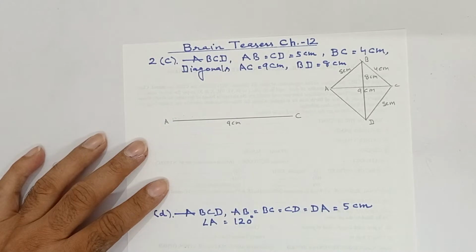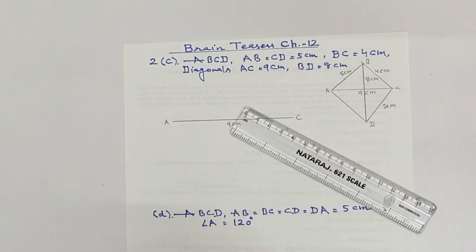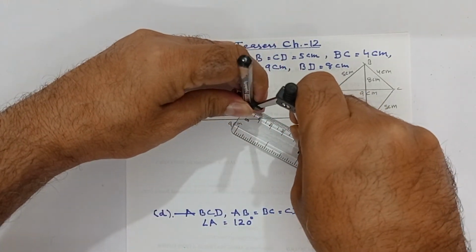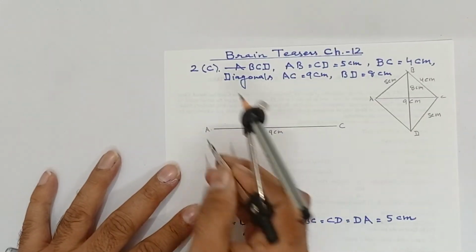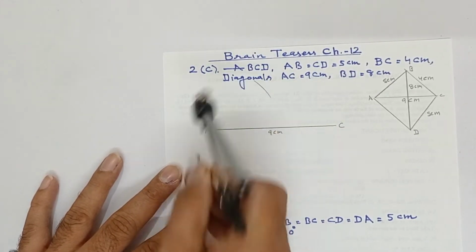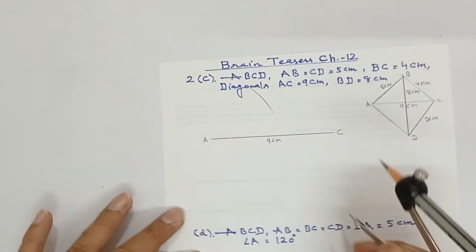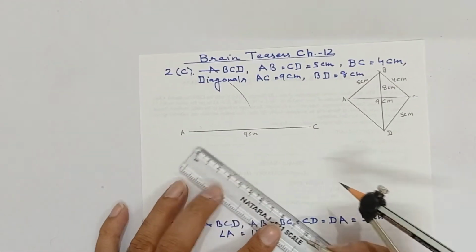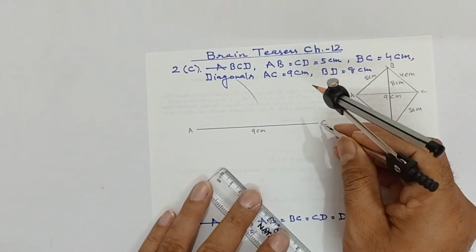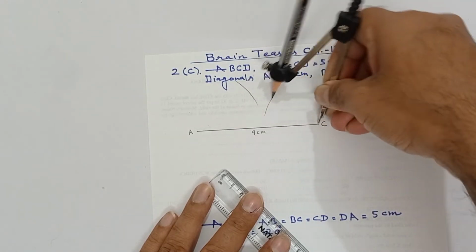How much is AB? 5 centimeter. So the compass will be opened to 5 centimeter. Compass tip on A, and draw an arc of 5 centimeter. Then keep the compass tip on C and open 4 centimeter, and draw an arc this way.